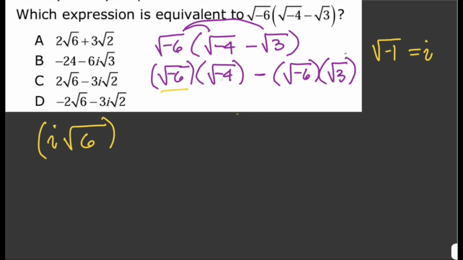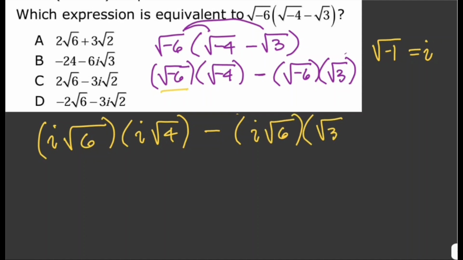Then times square root of negative 4 can be written as i square root of 4, minus square root of negative 6, which can be written as i square root of 6 times square root of 3. And now we can multiply or simplify the expressions.